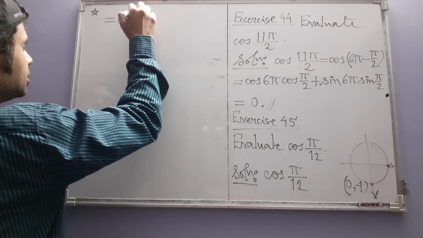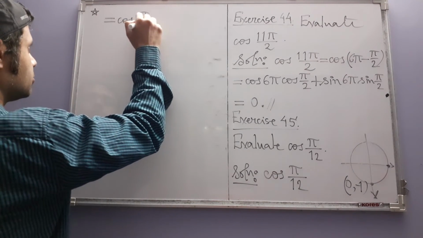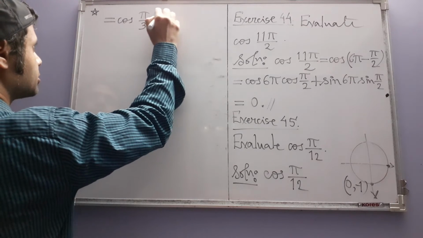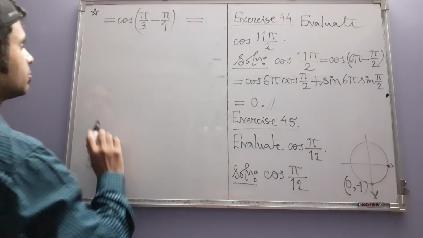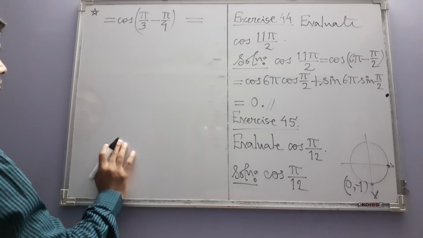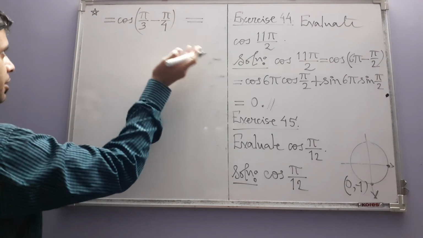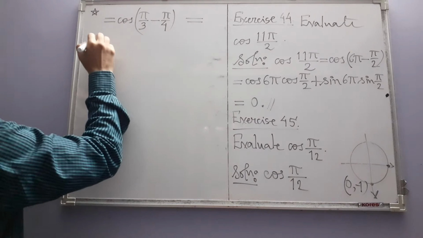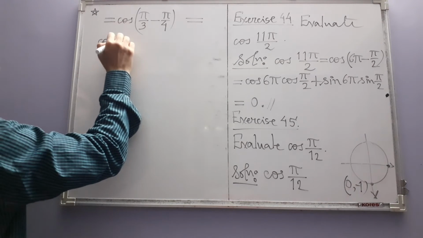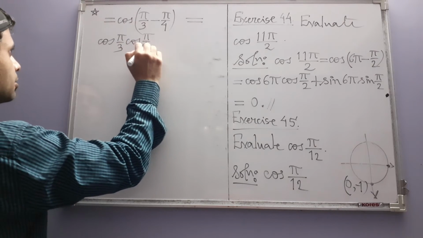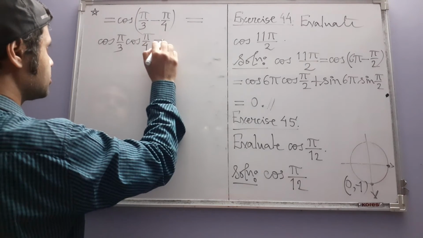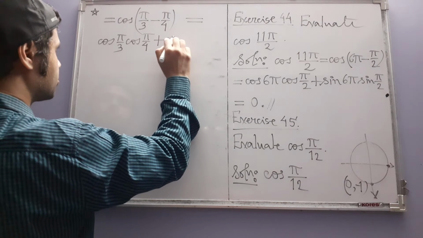Now pi over 12 is, if you look carefully, just this. Pi over 3 minus pi over 4, because 4 pi minus 3 pi is pi and you have 12 in the denominator. So cos pi over 3, cos pi over 4, you have minus, so here you will have plus.